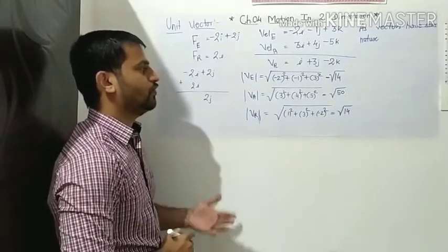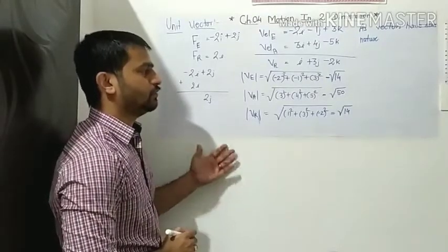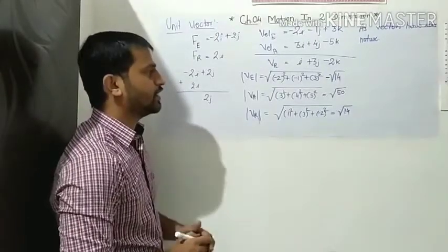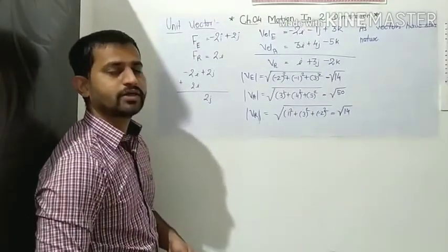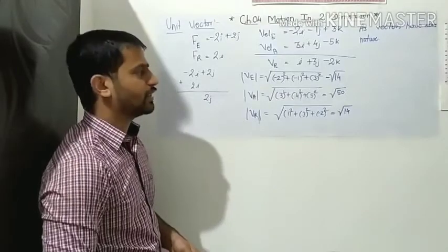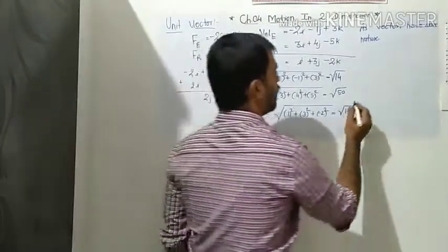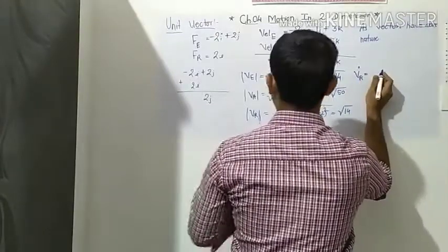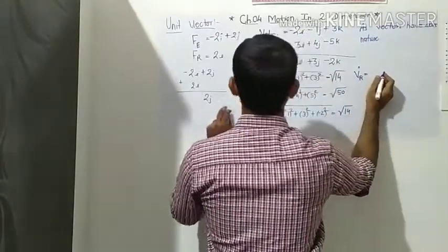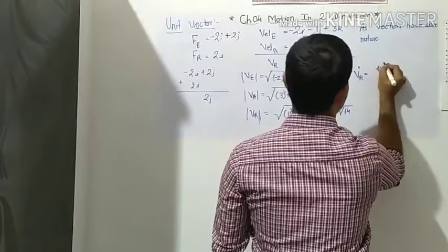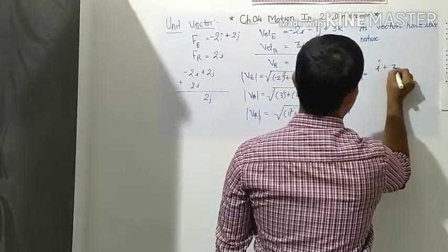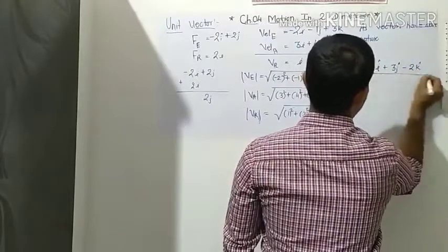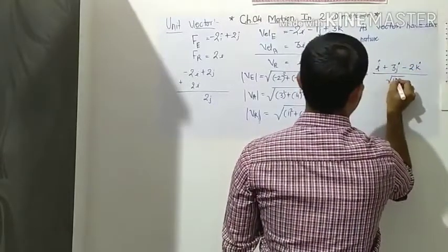Now, to find out the unit vector along this resultant, how can we find it? It is given by V_R cap, which is equal to the vector itself, that is i cap plus 3j cap minus 2k cap, upon the magnitude, under root of 14.